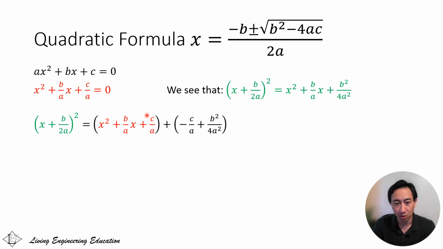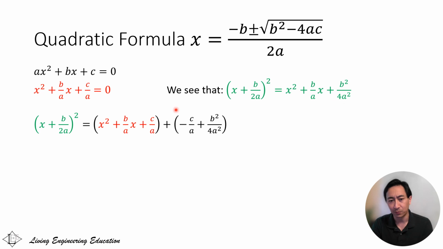So I want to drop out the c over a, so that's why I have a negative c over a. And I am missing a b squared over 4a squared. That's why I added it here. The expansion of this is this form. I have the x squared plus b over a x term right there, and then I drop out the c over a component, and then I re-add the b squared over 4a squared.